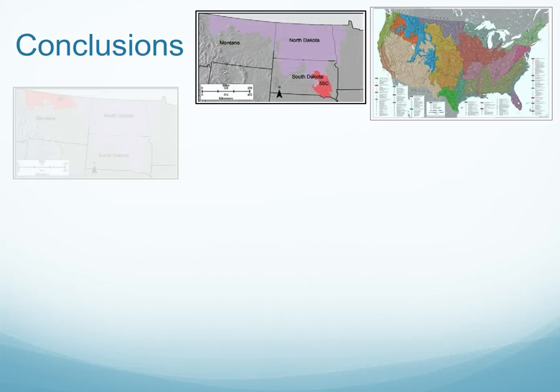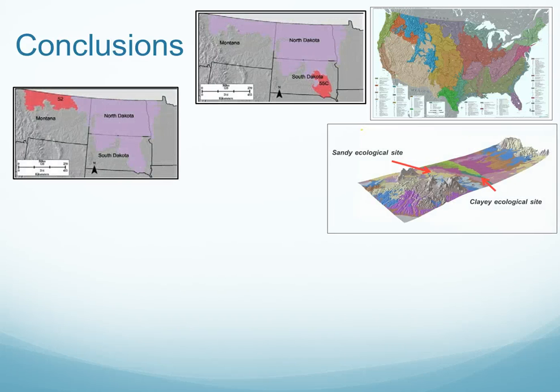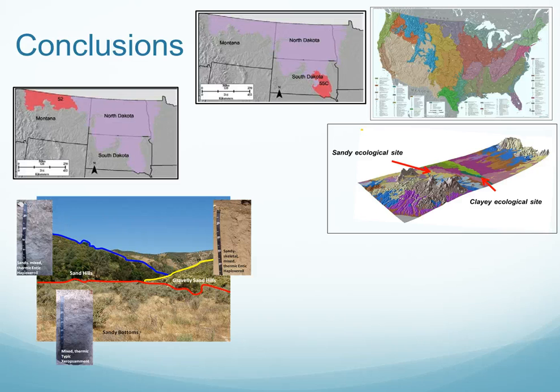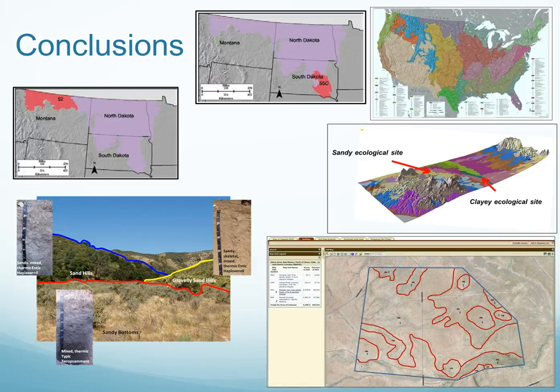So in conclusion, the NRCS land classification system is a hierarchical system that classifies land from very broad scales, the land resource regions, through major land resource areas, to ecological sites and soil map units.